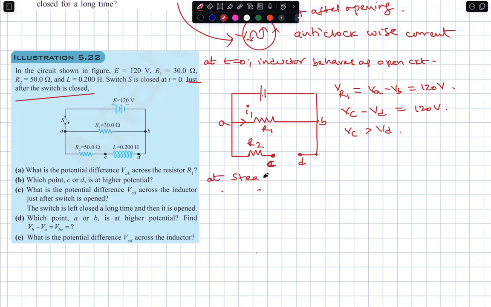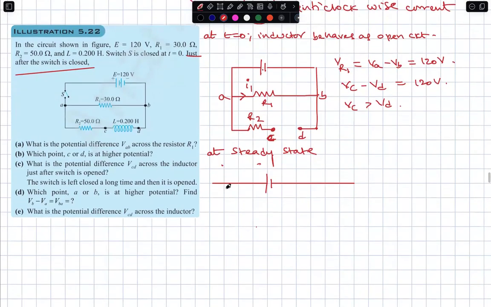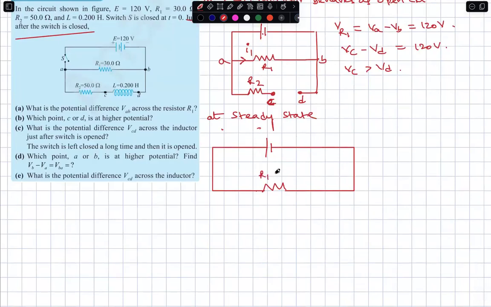At steady state, you know what is happening? The resistance is 30 ohm, and the current that passes through this is 120 by 30 amps.